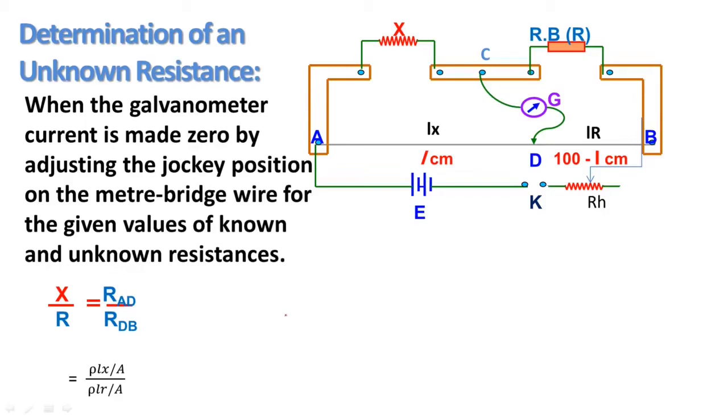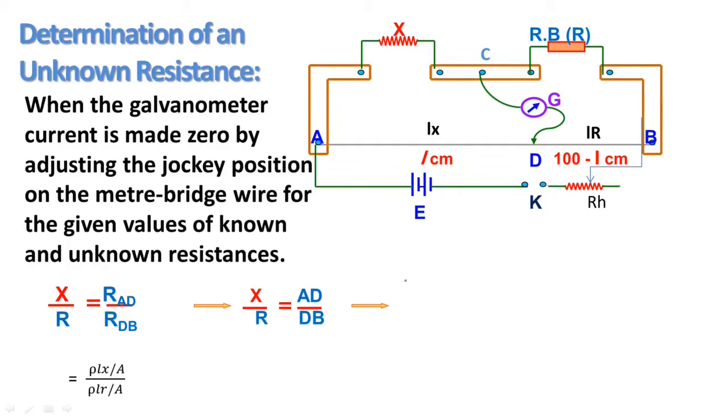If L is the length of the wire, rho is its specific resistance, A is the area of cross section. Therefore, R_AD is equal to rho Lx upon A and R_DB is equal to rho Lr upon A. Hence, we have X upon R is equal to AD upon DB.